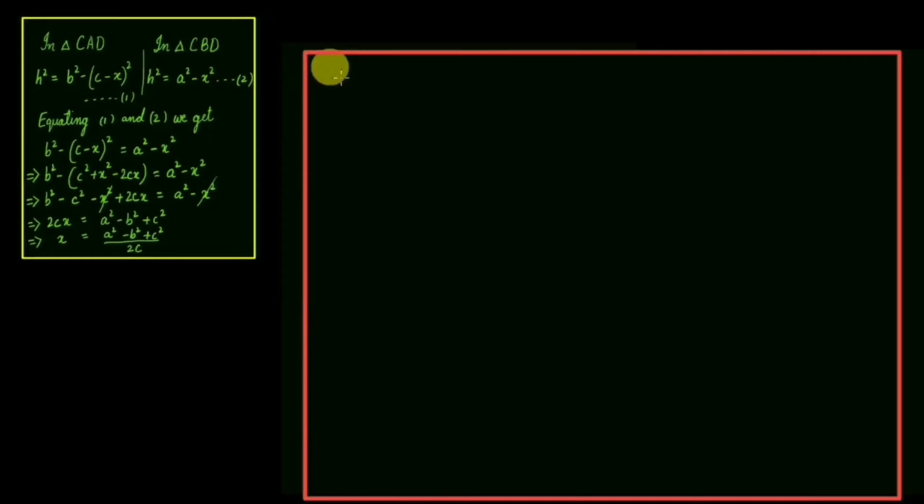Now we will substitute this value of x in the second equation, which is h square is equal to a square minus x square, and we'll get the value of h in terms of a, b and c.